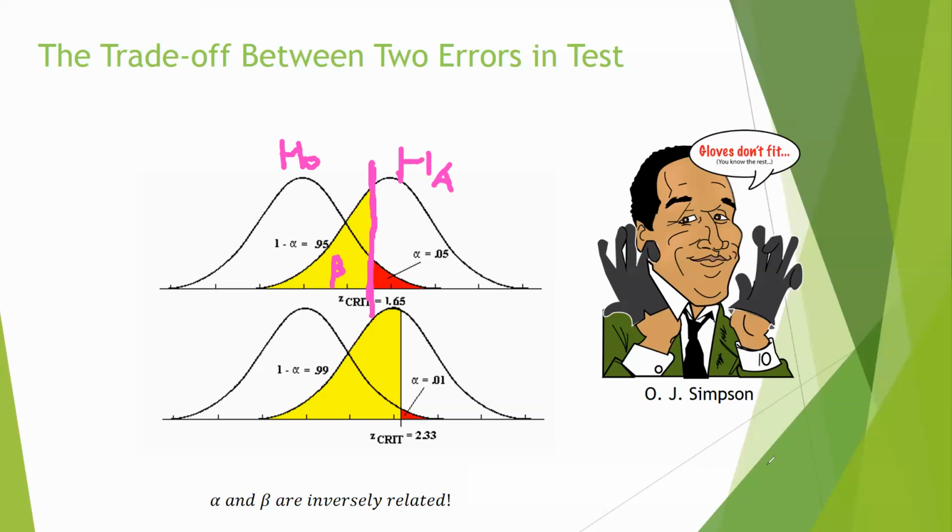If you determine this cutoff, then when you look at the alternative distribution, this region represents the beta. Why? Even though the data is from the alternative distribution, it is likely that it can go beyond this cutoff, right?